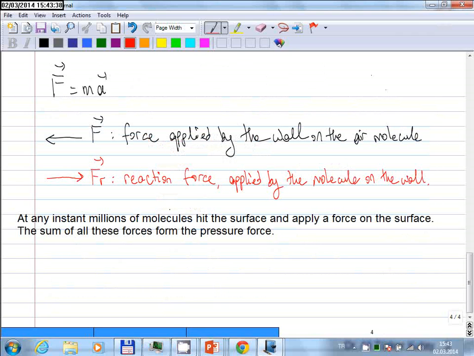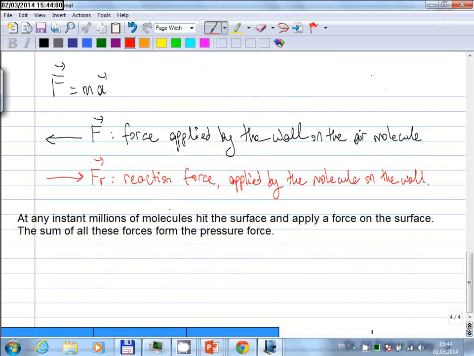So, in fact, any object surrounded by a gas is under this pressure. Okay, so anything within the atmosphere feels this pressure. So this includes all of us, right? So we are surrounded by air, and we constantly get hit by air molecules, and this pressure is really applied on us.